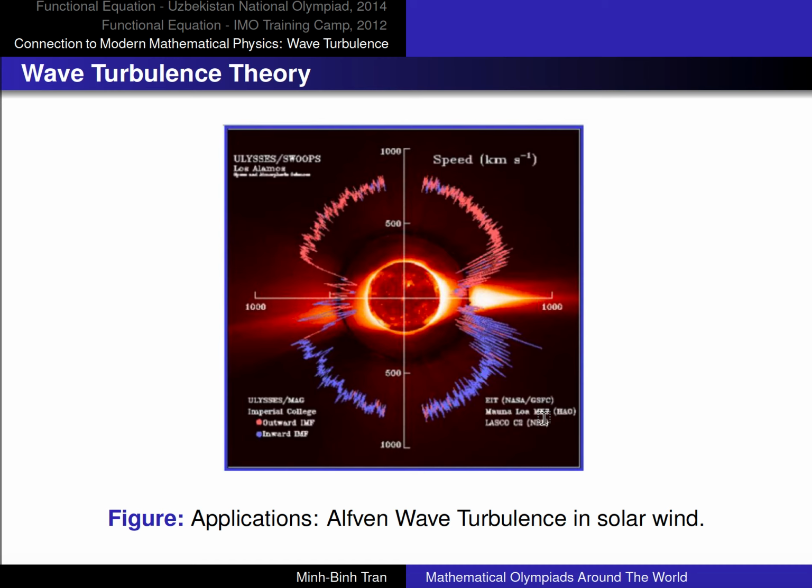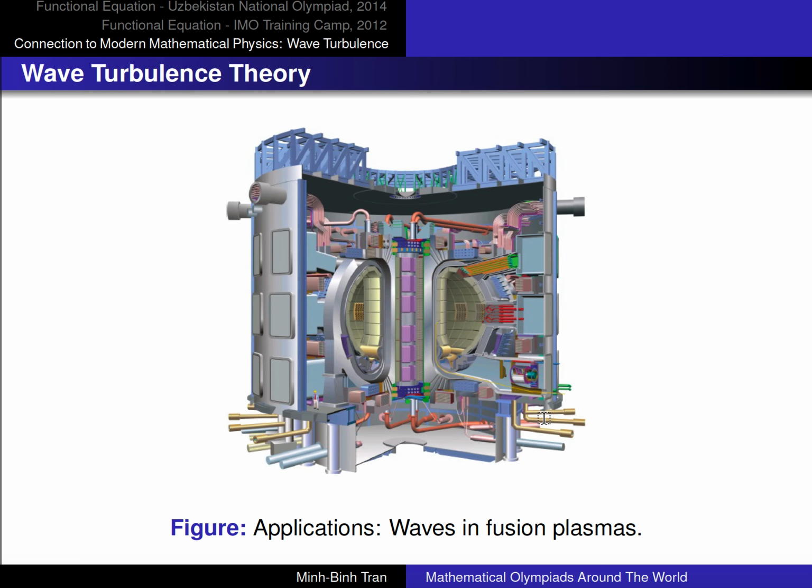Another one is solar wind. In solar wind, you have waves, and then you need wave turbulence theories to describe this wave turbulence system. In fusion plasma, you also need wave turbulence theory.